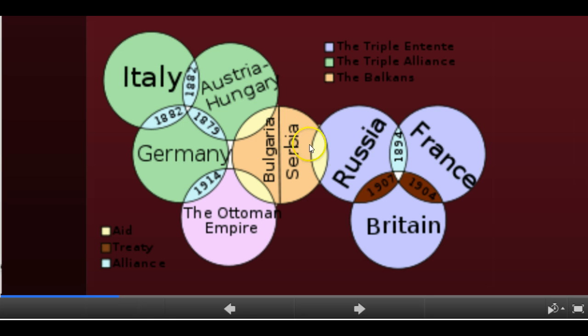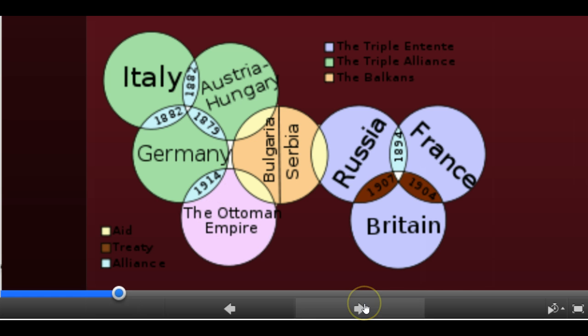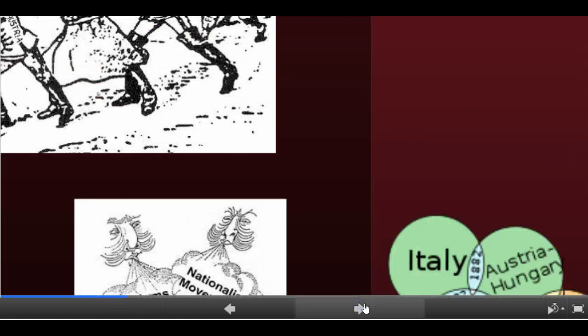Because that happens, since Russia was in an alliance with Serbia, Russia declares war on Austria-Hungary. Because that happens, Germany declares war on Russia. France then declares war on Germany. Italy declares war, and then Britain declares war, and so on and so forth. Because of these alliances, we get World War I.